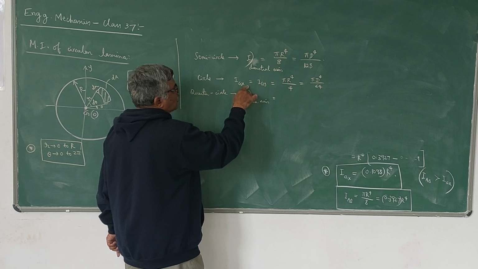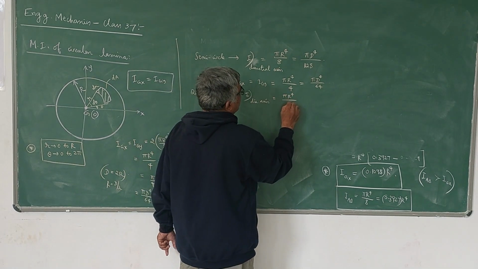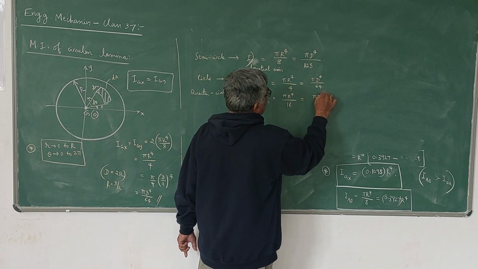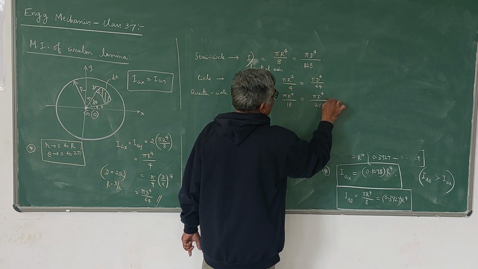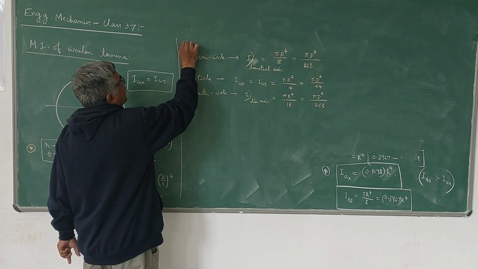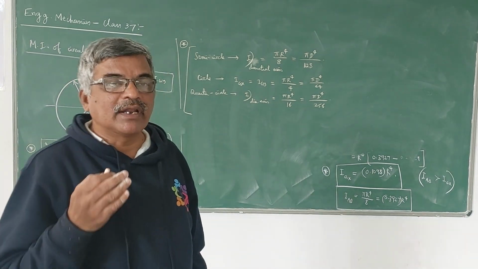That will be 1/4 of the circle or half of the semicircle. That means pi r power 4 by 16 or pi d power 4 by 256. So these are the formulae for the moment of inertia of circle, semicircle and quarter circle about the diametral axis.